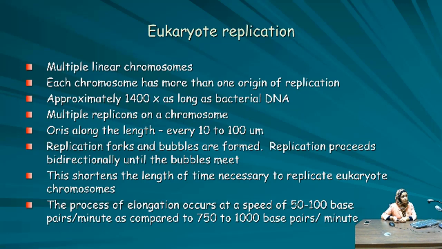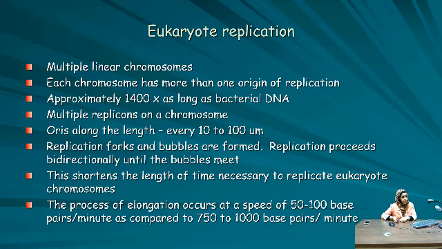Origins are located along the length every 10 to 100 micrometers. Replication forks and bubbles are formed. Replication proceeds bidirectionally until the bubbles meet, because the replication forks meet one another.